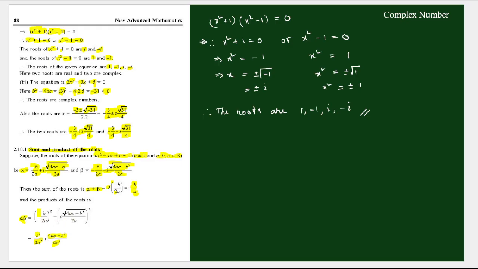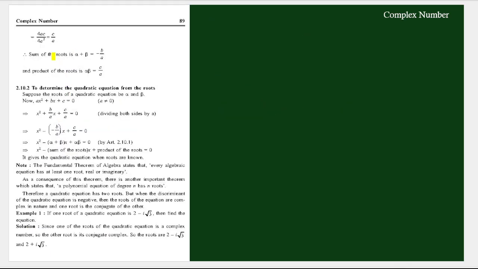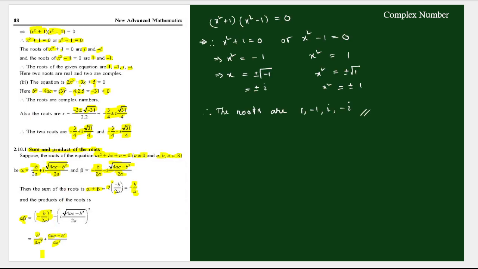Okay, did you understand till here? We have taken this as a plus b times a minus b, so a square minus b square. So what do we have now? b square by 4a square plus 4ac minus b square by 4a square.